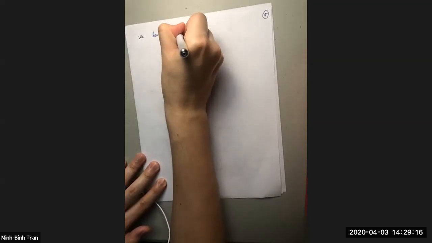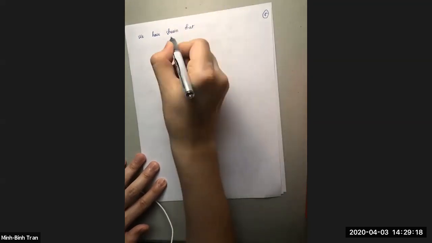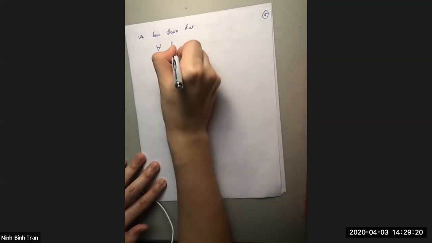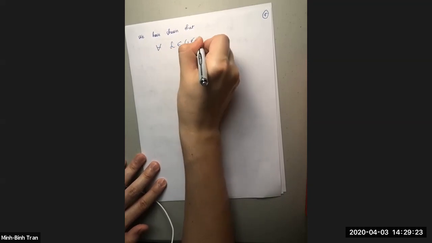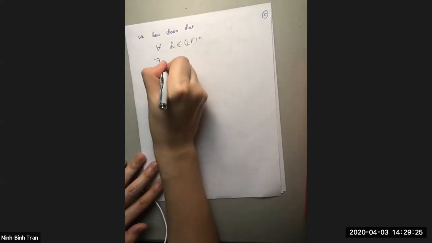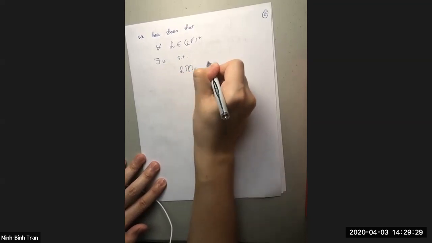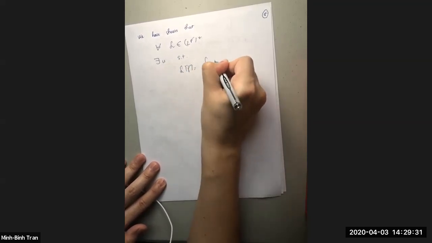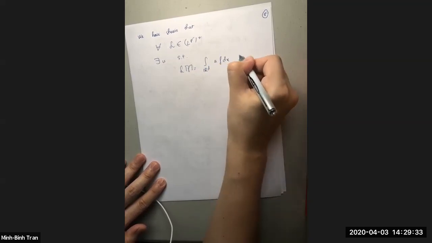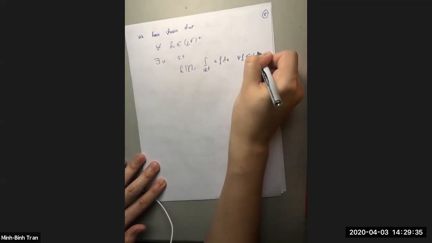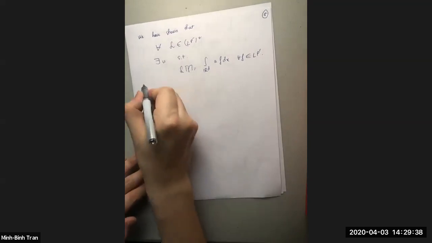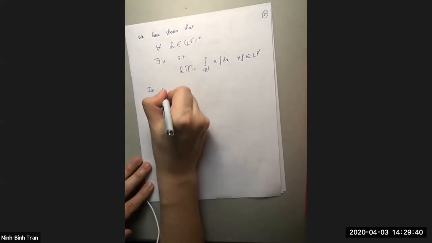What did we show? For all L in (L^p')*, there exists a U such that L(F) is the integral over Ω of UF dx for all F in L^p', right? So is the U unique?